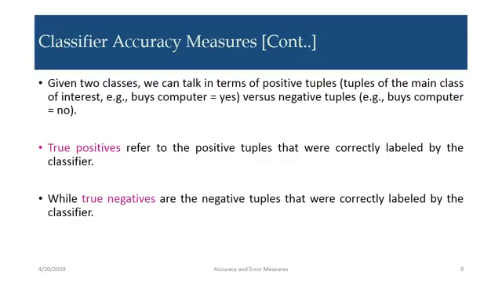It is correctly labeled by the classifier as positive, that means buys computer equals yes. While true negatives are the negative tuples that are correctly labeled by the classifier. So true negatives are the negative tuples correctly labeled by the classifier as buys computer equals no.